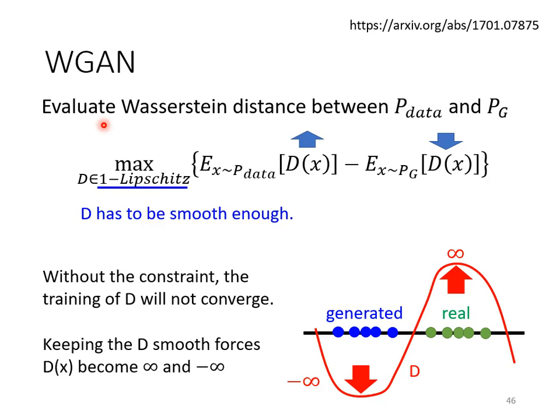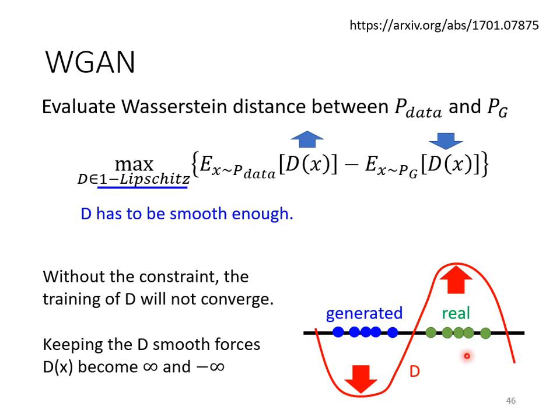Okay, why can the problem be solved by adding this restriction? Because this restriction tells the discriminator not to change too drastically. It must be smooth enough. When you require your discriminator to be smooth enough, if the real data and the generated data are relatively close, then you can't have a very large real value and a very small generated value.